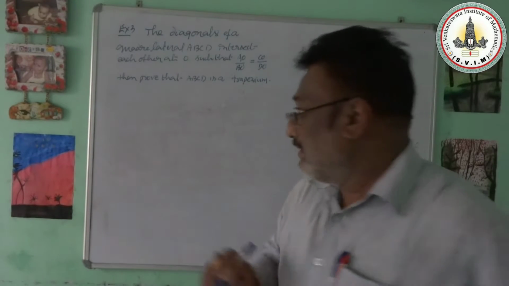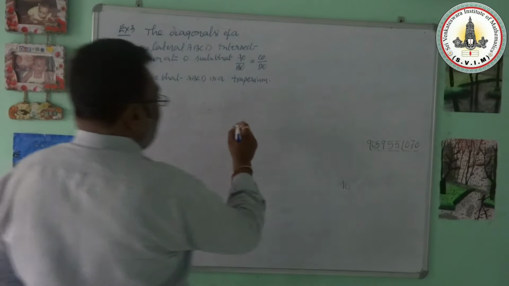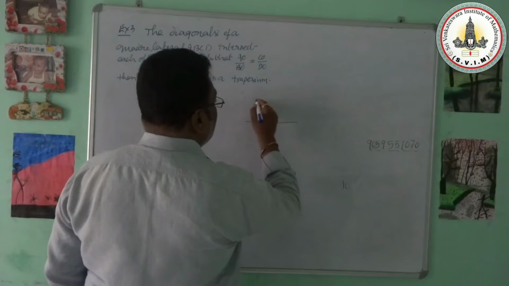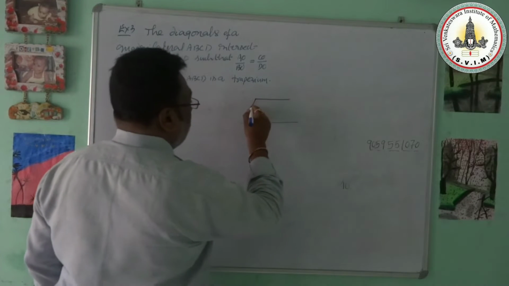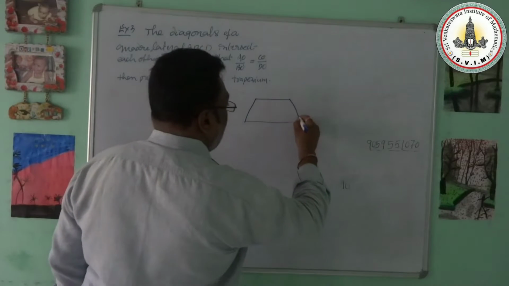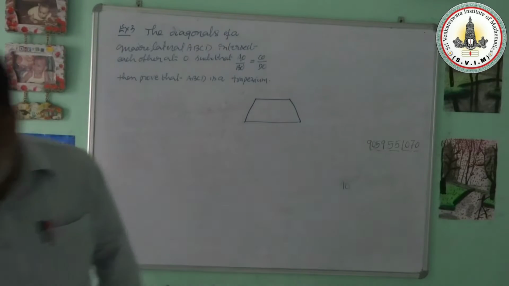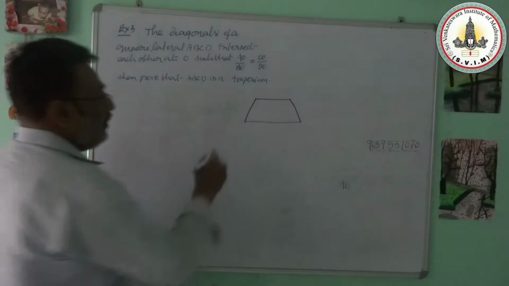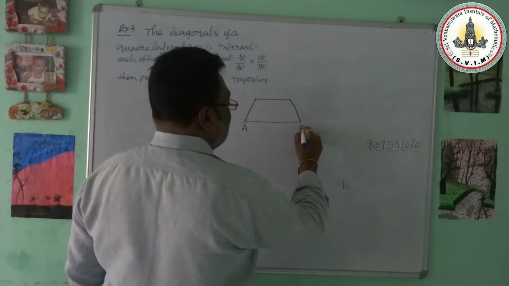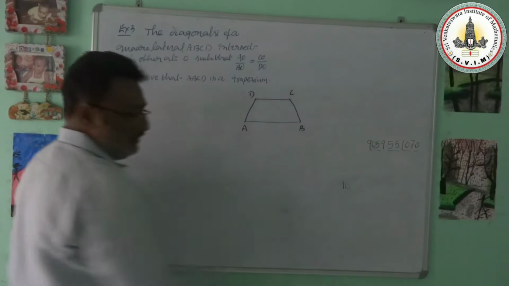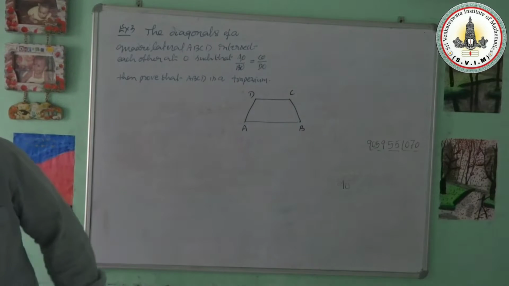Okay? Yes. Here ABCD is a parallelogram. In the textbook you have taken this figure as ABCD. That's all. Okay? Yes. Now listen to me.